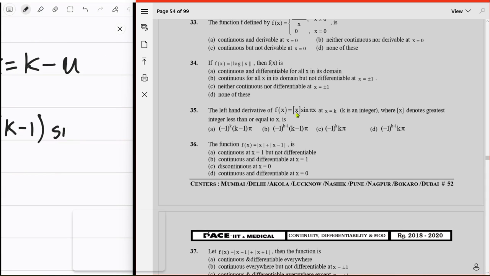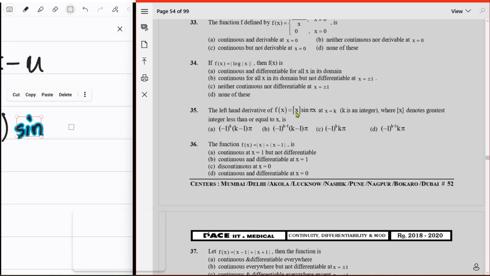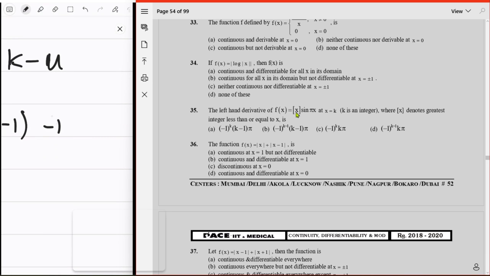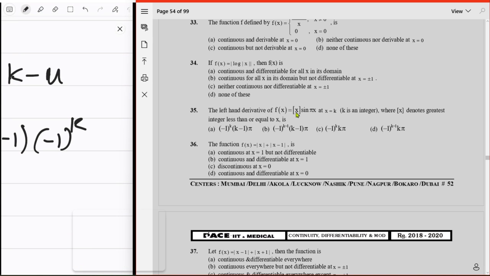So sine of pi k, that is negative 1 power k, and then sine of negative u, right?